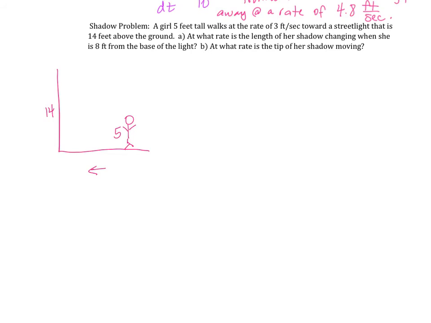So they're telling me how fast, so the rate that you're walking as your change in position. So once again, I need to put a variable right there. I'll put that as x, good enough for me. So you know that dx dt, well, is x getting bigger or smaller? If she's walking toward the light, x is getting smaller, so dx dt is going to be negative 3 feet per second.